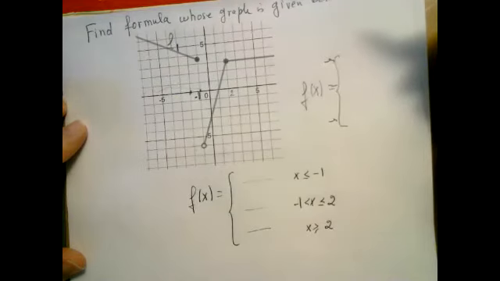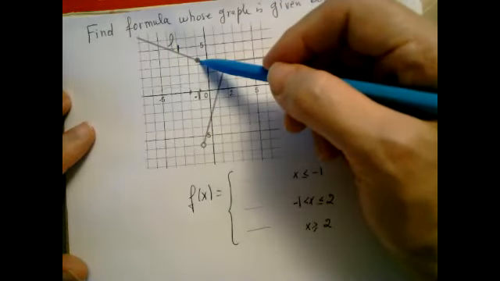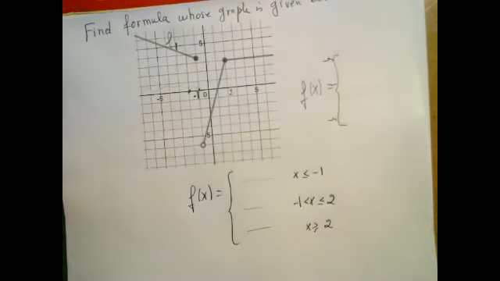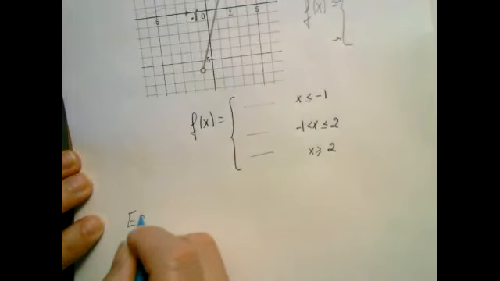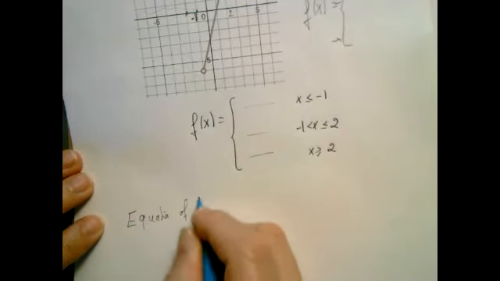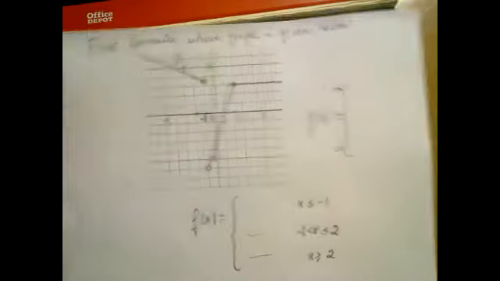Now, do we know how to find the equation of the line L1? How can you find the equation of a line? So let us find the equation of L1, because if I know the equation, it means I know the output given the input.